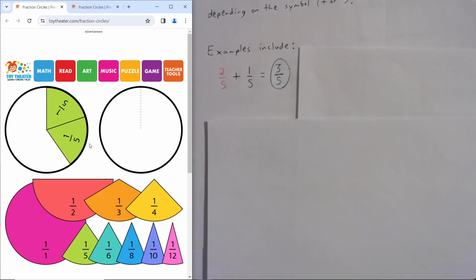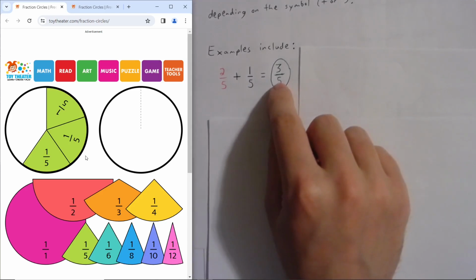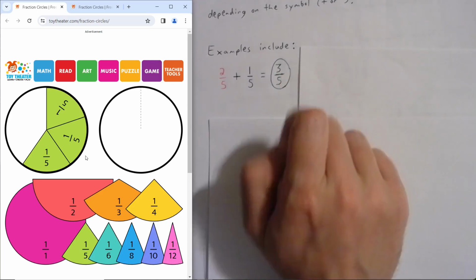And then to add to that, we combine whatever is next to the addition sign, which is 1/5, to that amount. And what we end up having is 2/5 plus 1/5 is 1, 2, 3 parts that are each 1/5 in size. So we keep the denominator the same and we write 3/5.